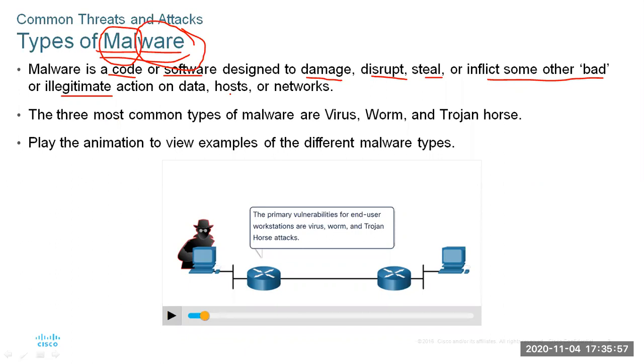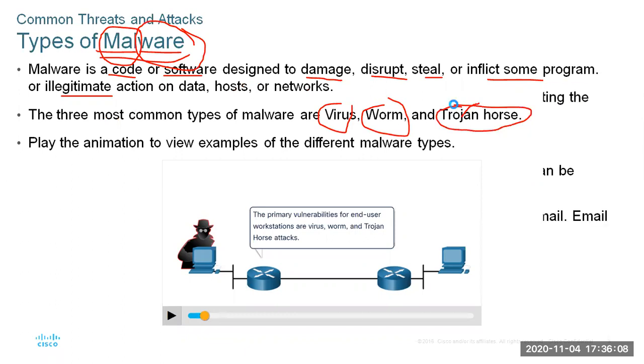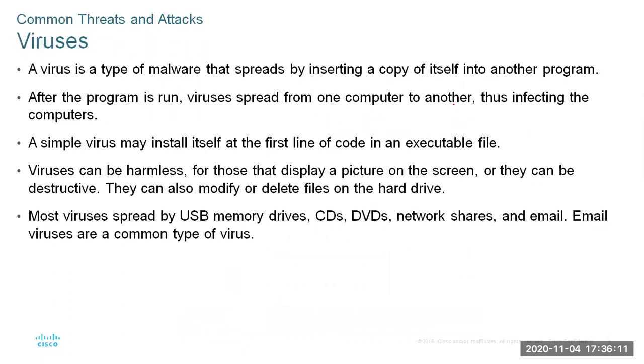The three most common types of malware that we know are the virus, the worm, and the Trojan. Now, we are going to be looking at each one of these.